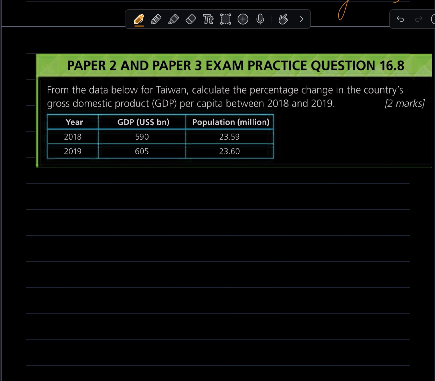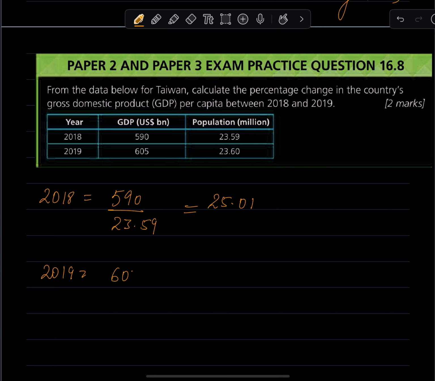Let's do this question. From the data below, for Taiwan, calculate the percentage change in the country's GDP per capita. So for 2018, if we calculate, GDP per capita would be 590 divided by 23.59. GDP divided by population, it will give us 25.01 $1,000, and for 2019 GDP per capita will be 605 divided by 23.60.